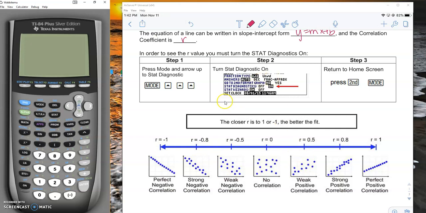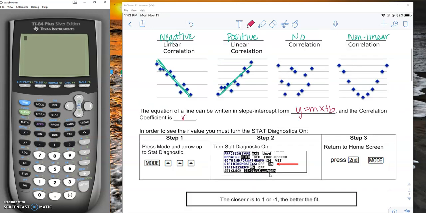So in order to see the r value, once we get it from the calculator, we need to know what it means. So the closer r is to 1 or -1, the better the fit. So this just shows you some graphs where if r is -1, it'll be basically a perfectly straight line. -0.8 is turning into a not perfect straight line. -0.5 is getting further away, and these, if you notice, are perfect, strong, weak, and then 0 is no correlation.